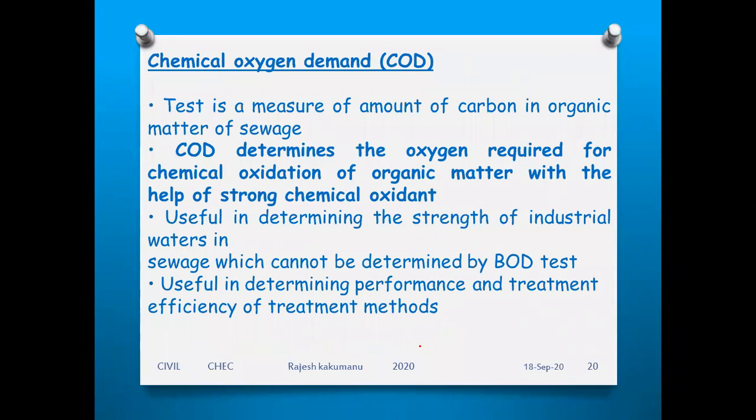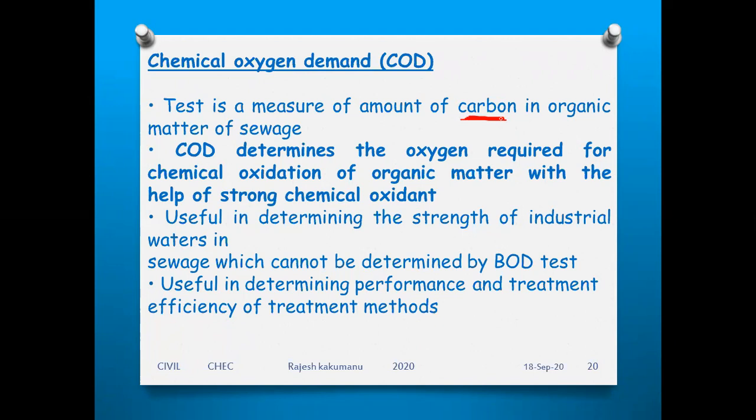So what is the meaning of chemical oxygen demand? This is a parameter, a test for measuring the amount of carbon in organic matter of sewage. So here it will check the carbon content in organic matter.